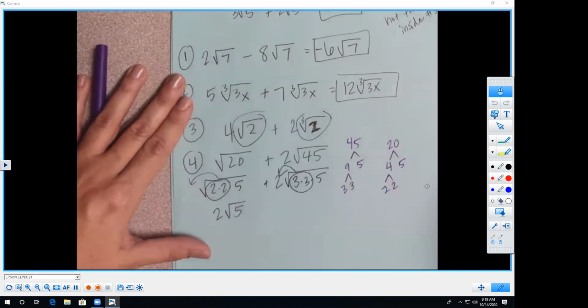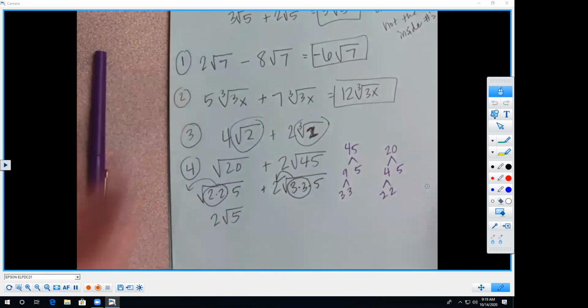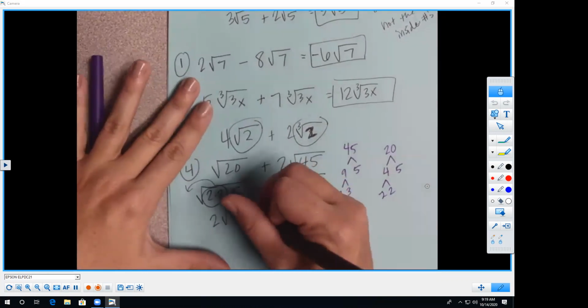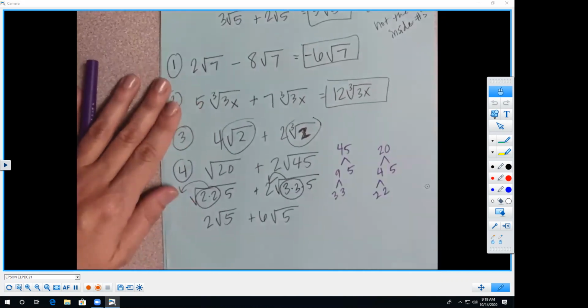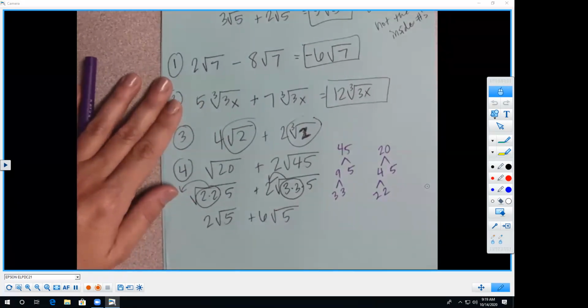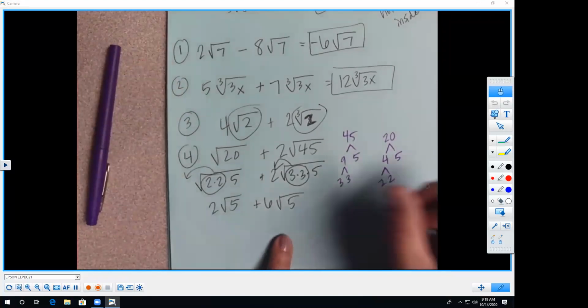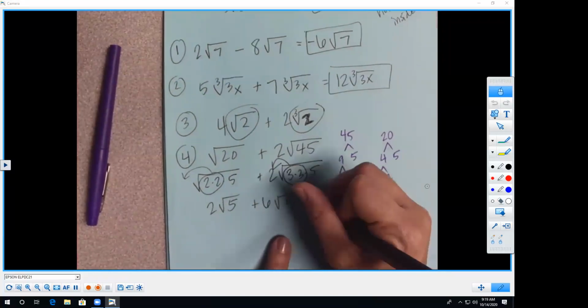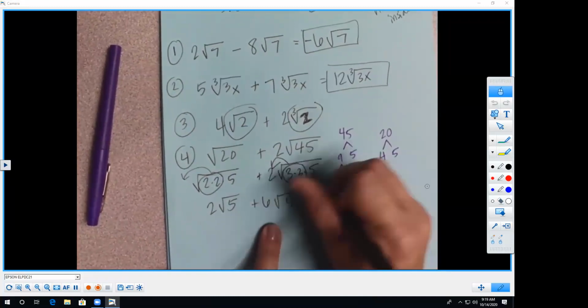There's already a 2 out there. What do you think I'm going to do with the 3 and the 2? Yeah, just multiply them together. So it's going to be 6 on the outside times the square root of 5. And now can I add them together? Yeah, what's 2 square roots of 5 plus 6 square roots of 5? 2 plus 6 is 8 square roots of 5.